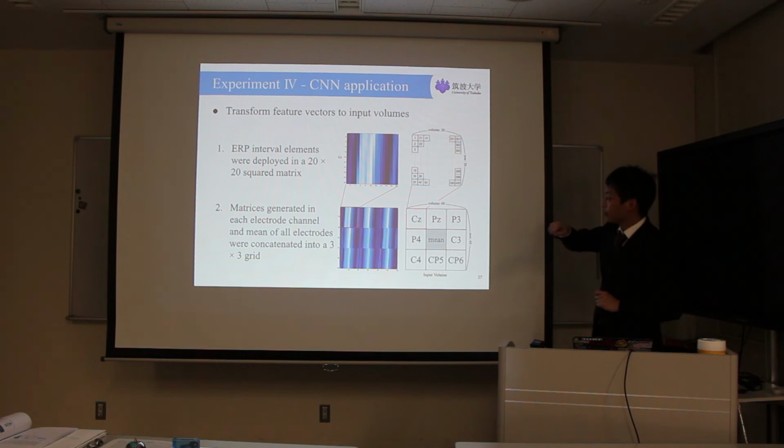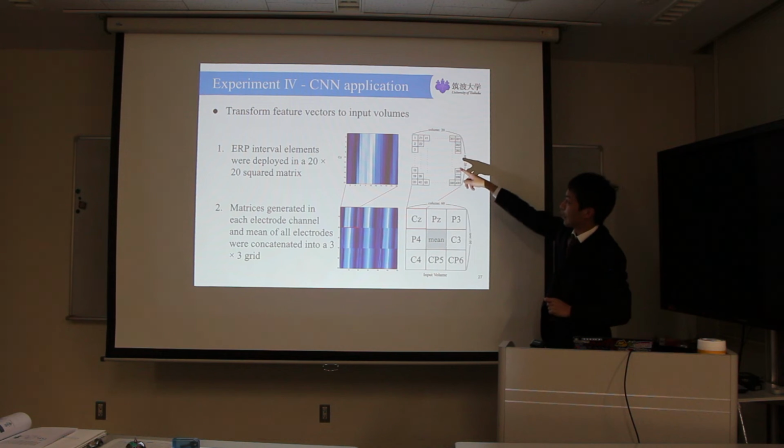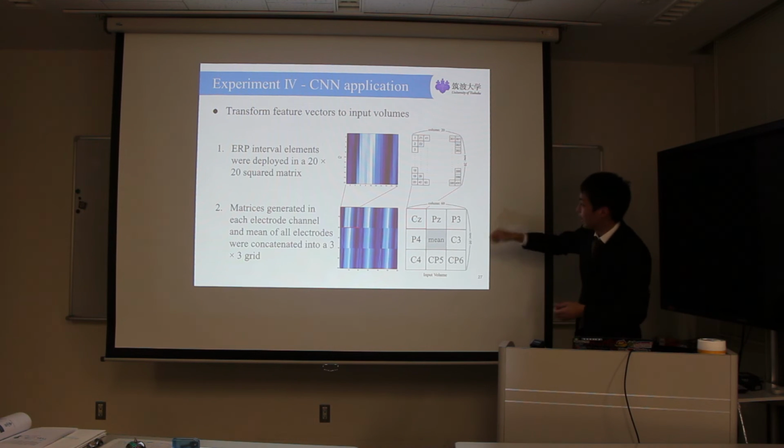Then the elements are deployed from the top left as 1 to 20, and in the second column 21 to 40, and finally in the final column 381 to 400. And each squared matrix is concatenated.